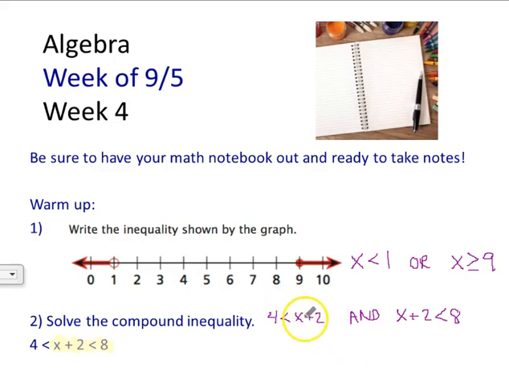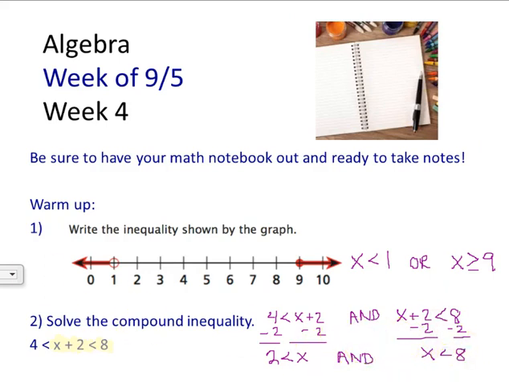So let's go ahead and solve. So from this first inequality right here, we're going to solve by subtracting 2 from both sides. And I get 4 minus 2 is less than, or x is greater than 2. So that's one answer. And our second answer, we're going to subtract 2 from both sides. And we get x is less than 8.